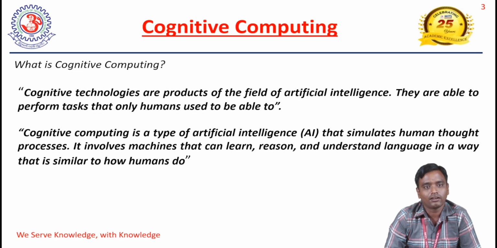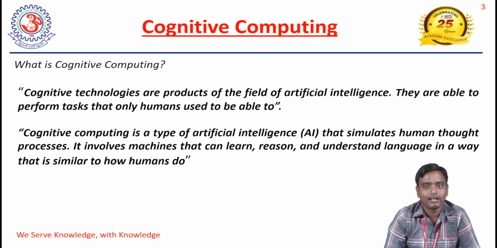In other words, we can say that cognitive computing is a type of artificial intelligence that simulates the human thought process, that involves machines that can learn, reason, and understand language in a way that is similar to how humans do. This explains that a cognitive computer can learn, it can reason, it can understand language in a way similar to what a human can do.